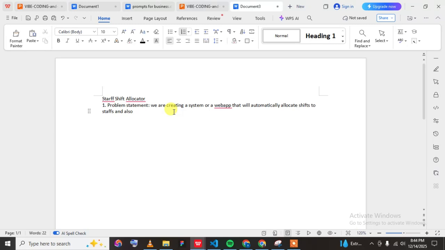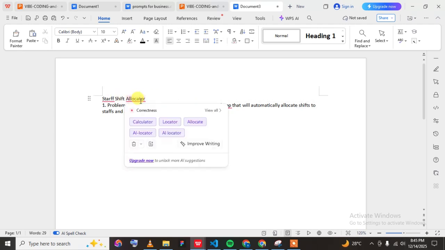So you are in night shift, you are in morning shift, and it will create a rotational table for the staff. Okay, so basically we are doing it.